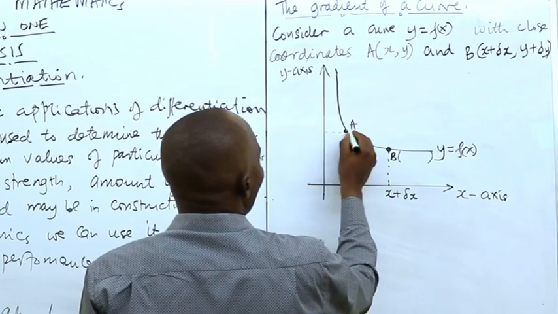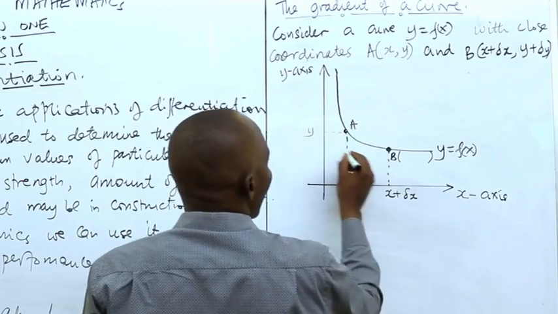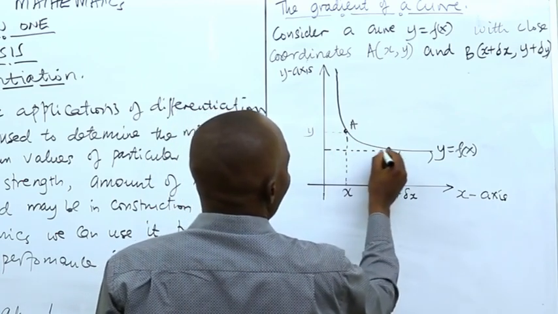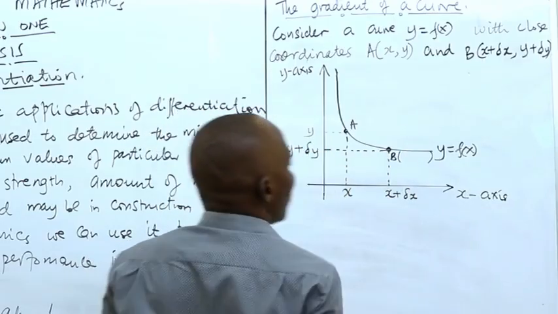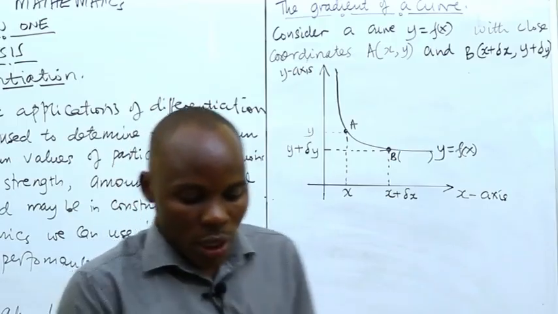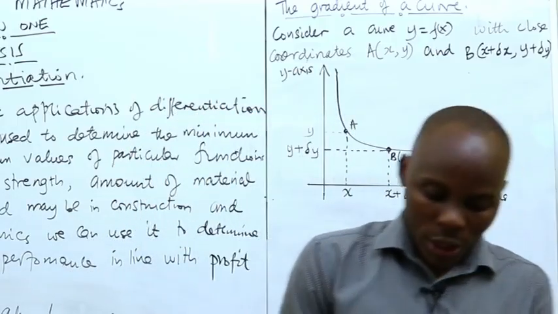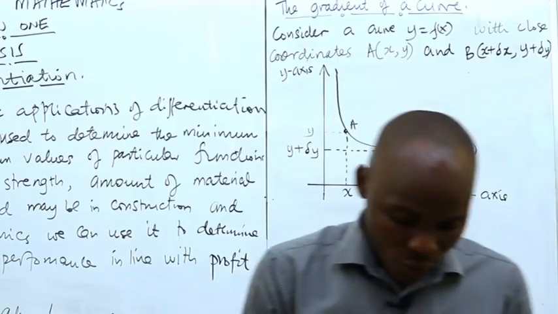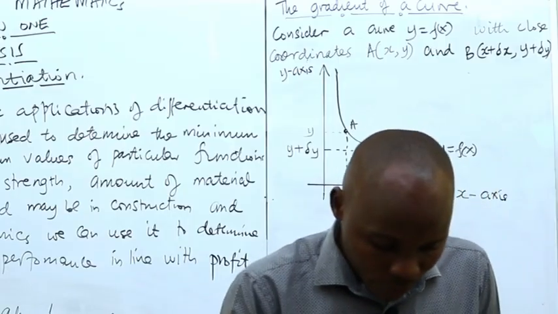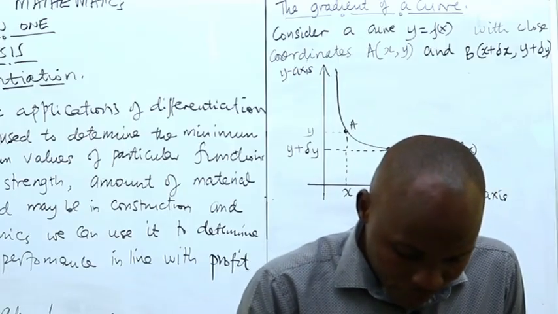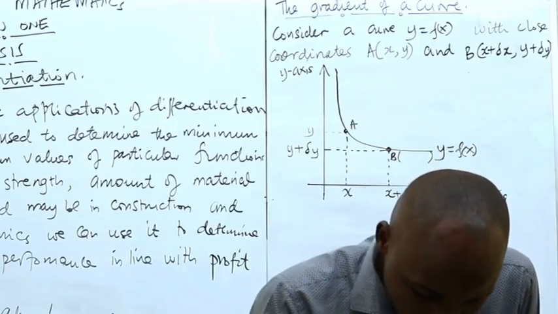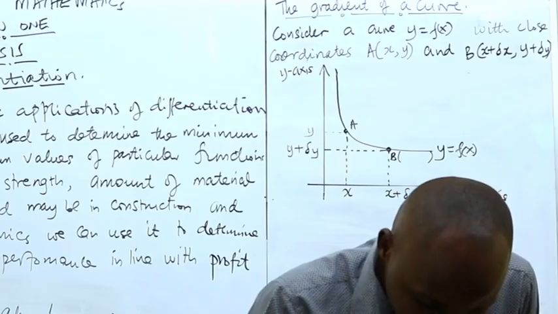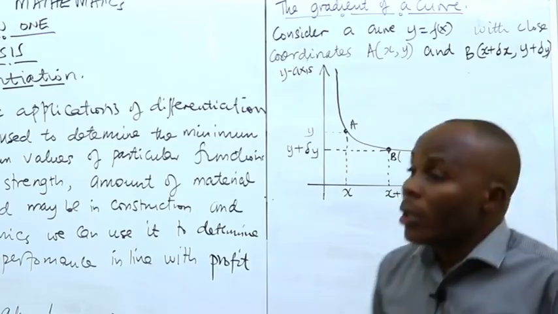Corresponding to this we have y, and the one corresponding to this we have y + delta y. From there we are talking gradient of a curve.